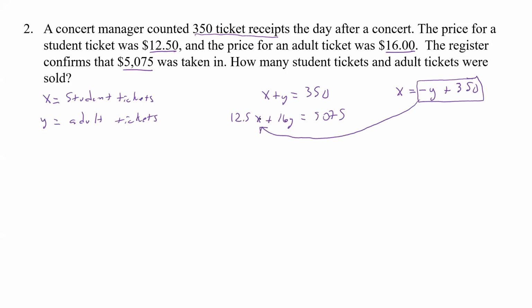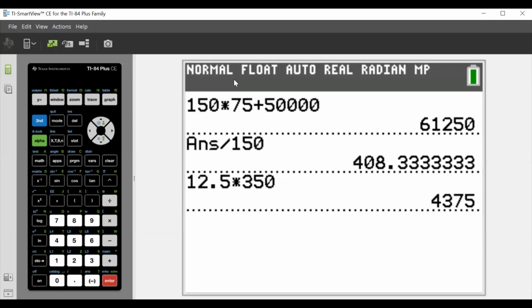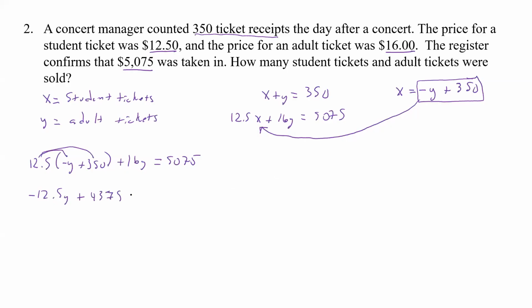Now I still have to take 350 times that, but now it's at least in one equation. I don't have to do a lot of multiplication. So I'll have 12.5 times negative Y plus 350, and then plus 16Y equals 5075. And so now I distribute here. So negative 12.5Y plus 12.5 times 350 is 4375, plus 16Y equals 5075.